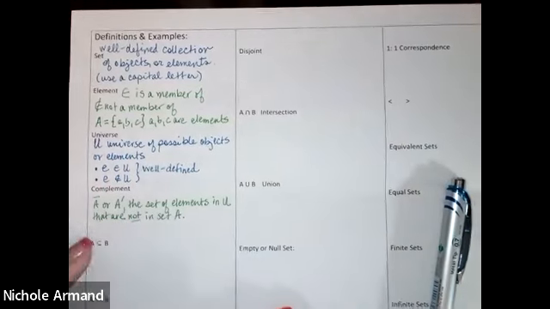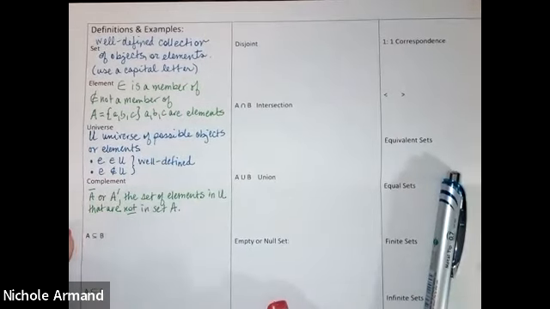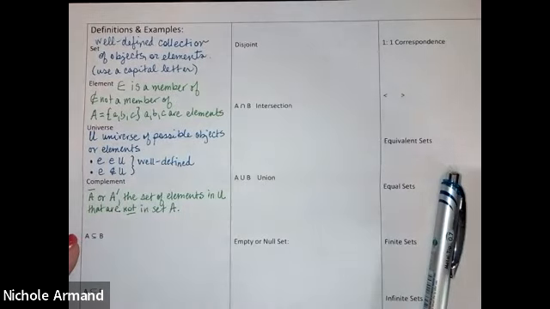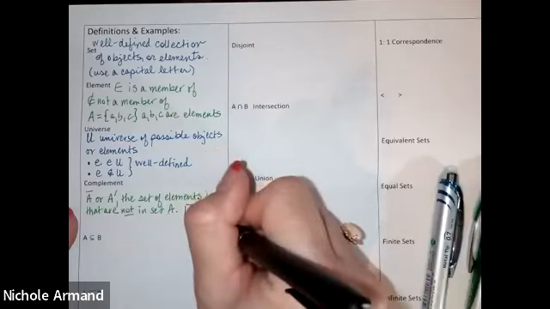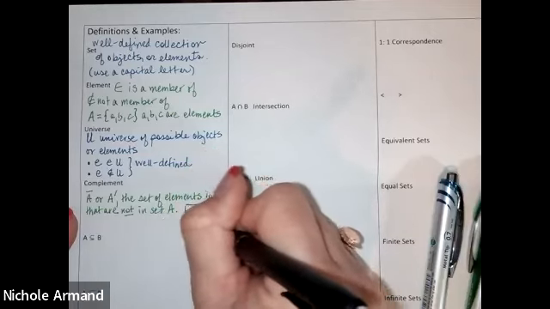So if we were to draw a little picture of what the complement looked like, then we'll make ourselves just a tiny little Venn diagram right here.